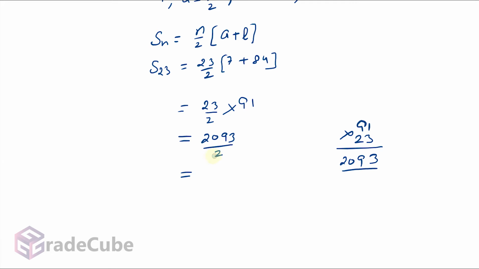Let's divide it. So this is the sum of 23 terms.